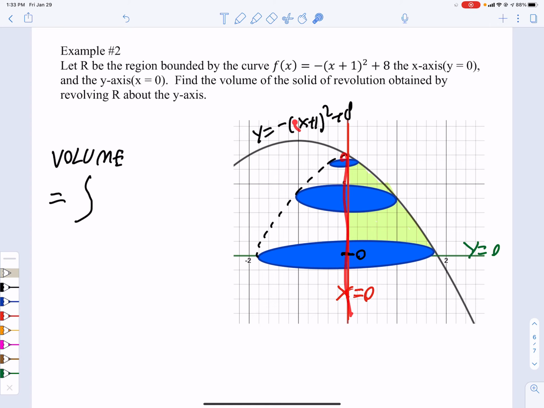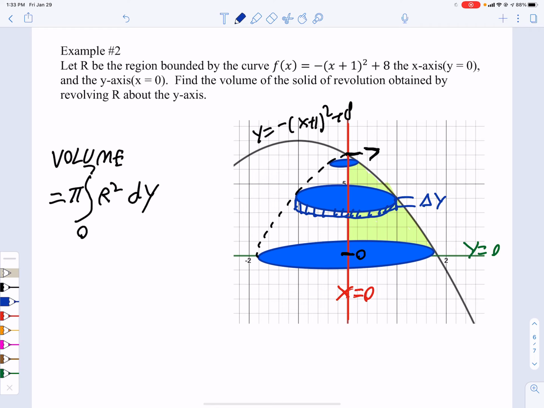If you put a 0 here, that's going to be 8 minus 1, which is 7. So we're going to add up all the disks from 0 to 7, and it's pi r squared dy. Why did I put dy? Because the thickness of this little coin, or this disk, is a change in y. As you move up and down, it's a change in y.